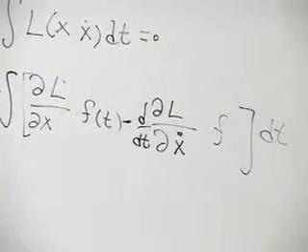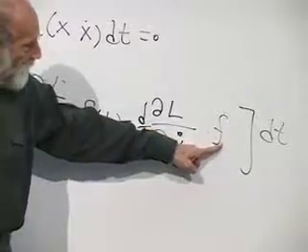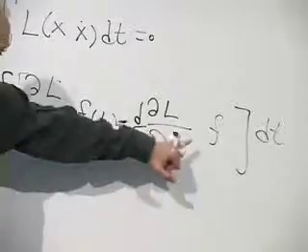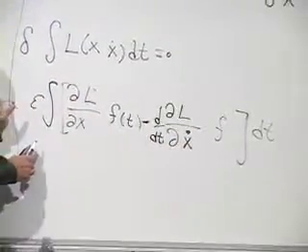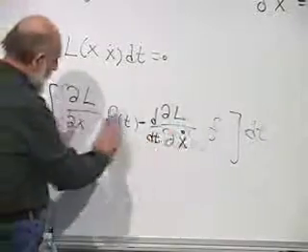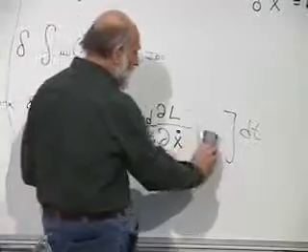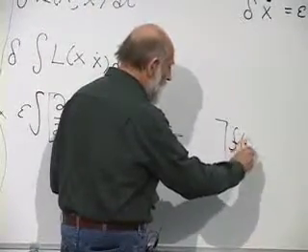Now, why was that a nice thing to do? It was a nice thing to do because it isolates f by itself without a time derivative in both terms. So that means we can factor out of the bracket, not out of the integral, but out of the square bracket here, we can factor f. Both terms are proportional to f, and we have f of t dt.